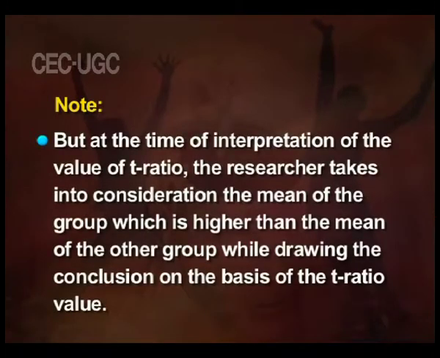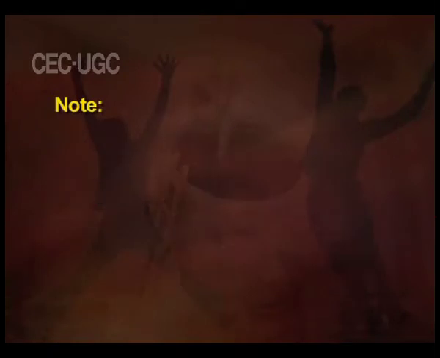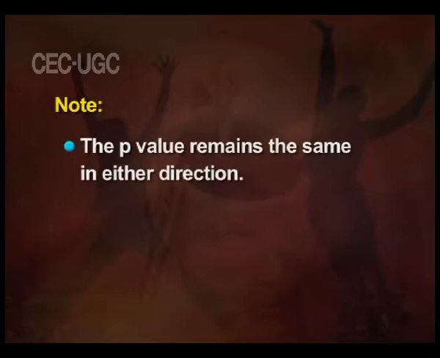But at the time of interpretation of the value of the t ratio, the researcher takes into consideration the mean of the group which is higher than the mean of the other group, while drawing the conclusion on the basis of the t ratio value. The p-value remains the same in either direction.